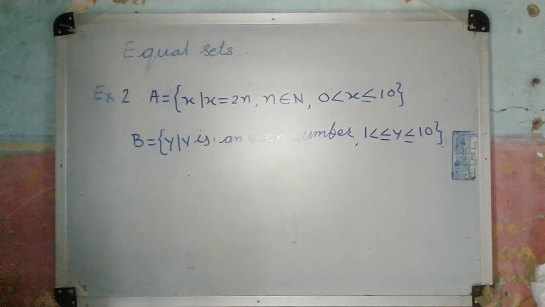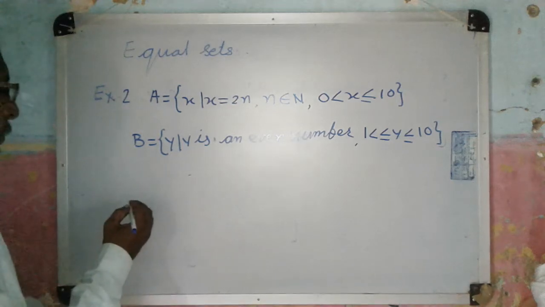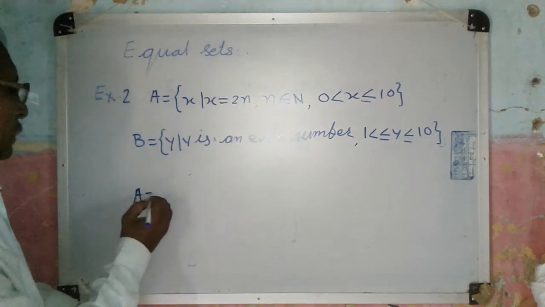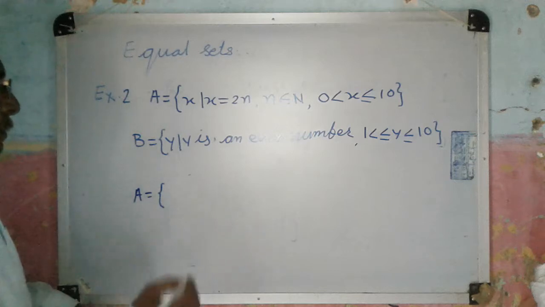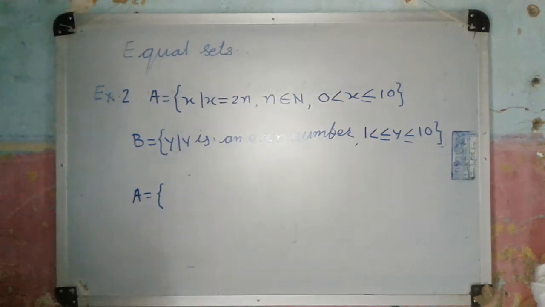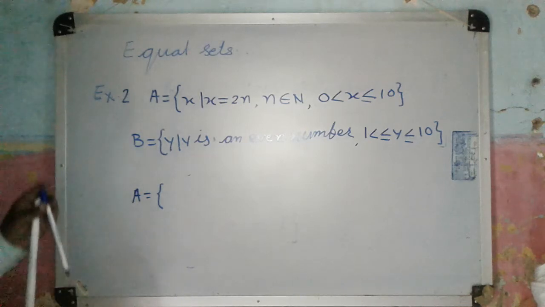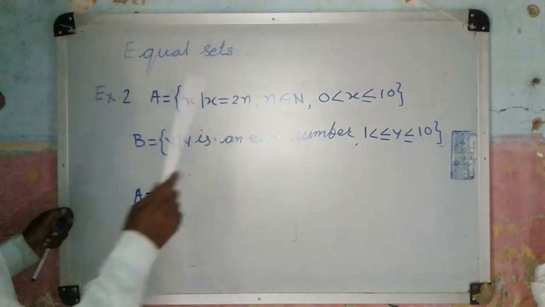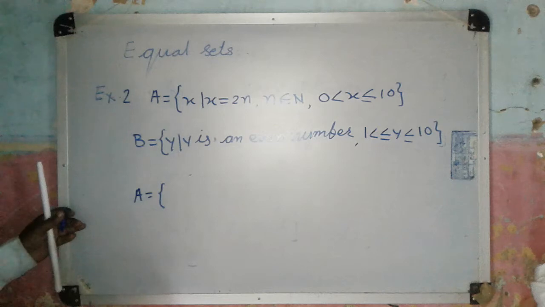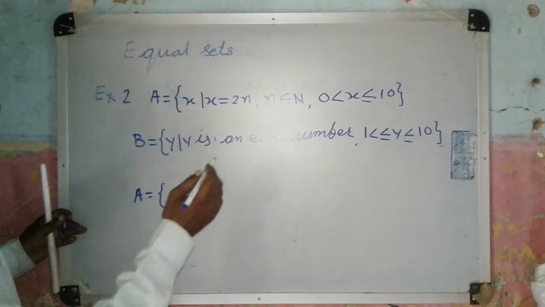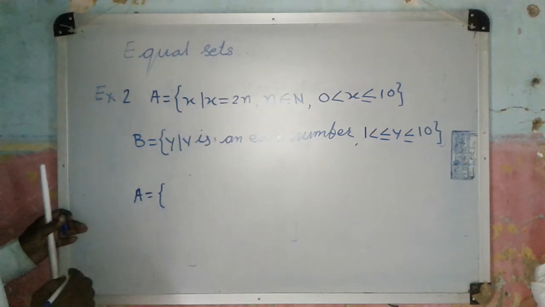Now, if you write this set A by the listing method, the elements are 2n, that means greater than 0 and less than or equal to 10.